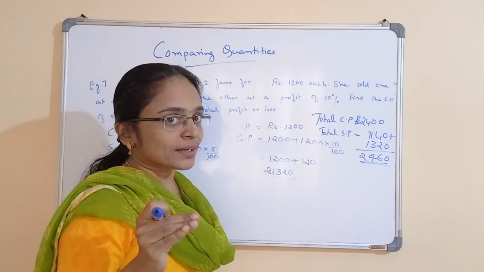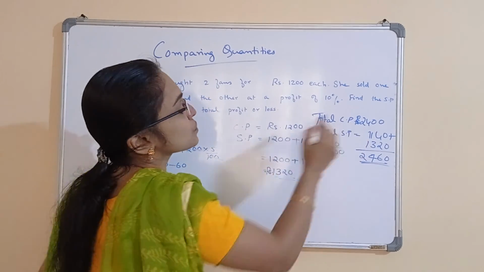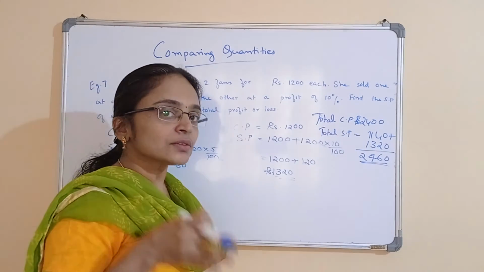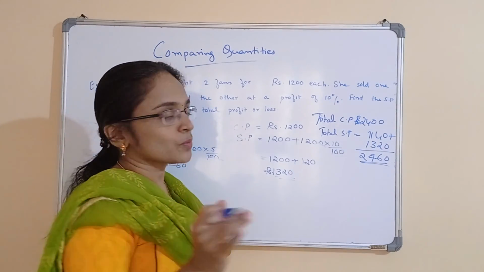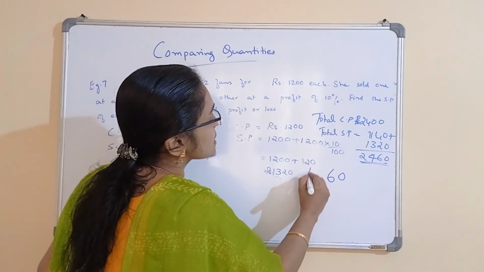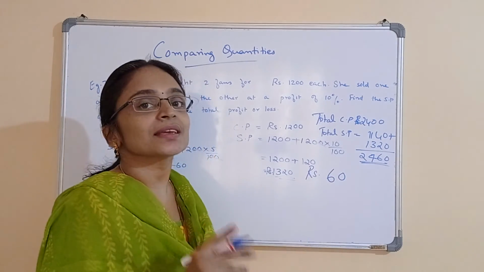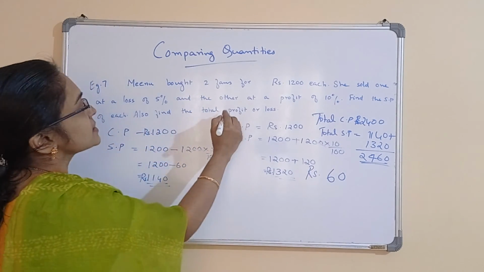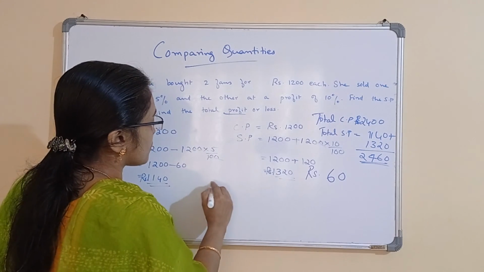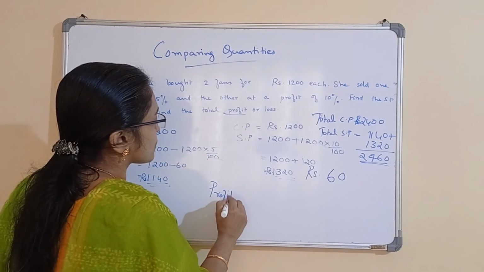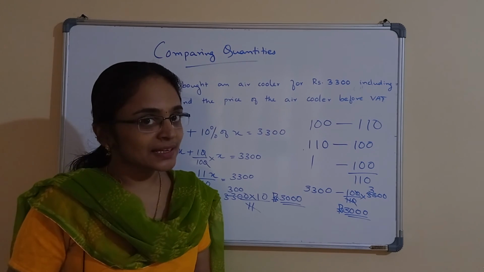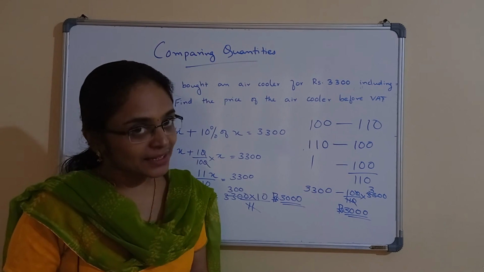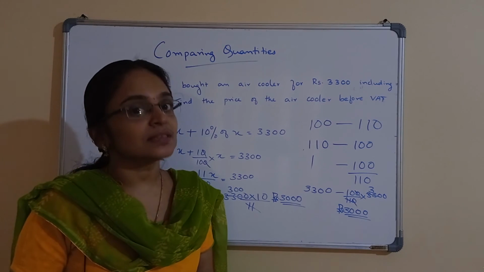That is, totally he bought the two fans for 2,400 rupees and the total selling price of the fans is 2,460 rupees. That is, he got 60 rupees extra, which means he had a profit. That is, total profit is 60 rupees.